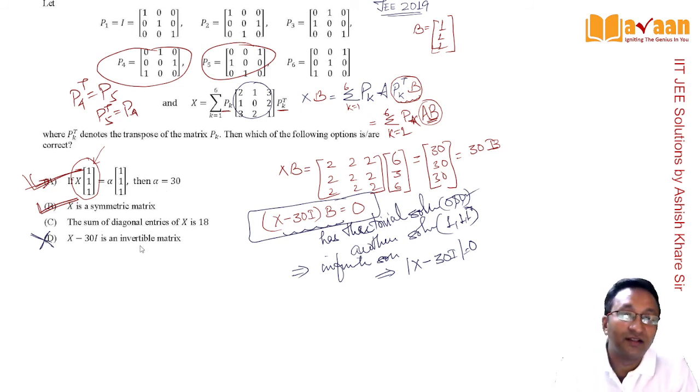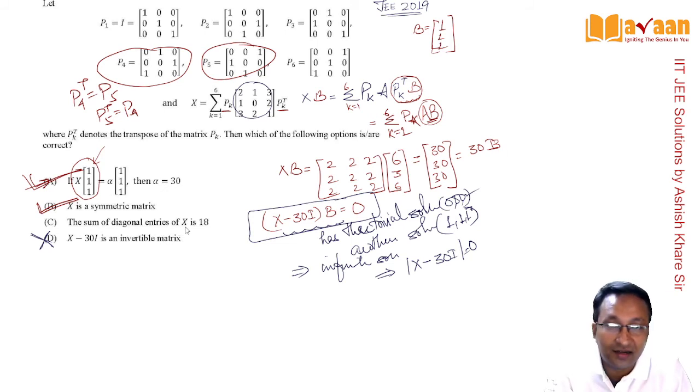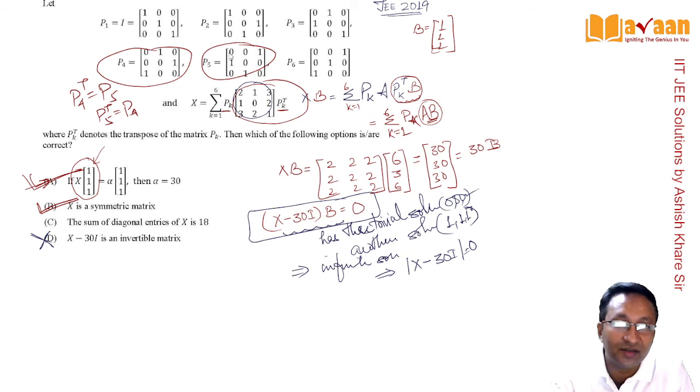Last one to check, the sum of diagonal elements of X is 18. Now if you look at any of these elements, all the elements are 1, 0, 0, 0, 1, 0, so when we take the product by matrix multiplication, we realize that these don't change the value of the trace of this matrix, or the sum of diagonal elements.